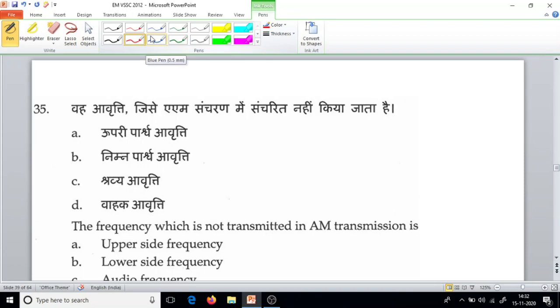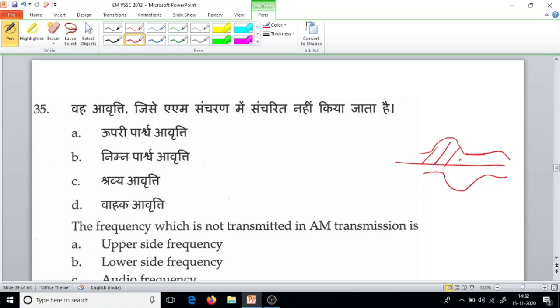Question number 35. In AM modulation, the frequency which is not transmitted in AM transmission is... When you modulate an AM signal, you will get something like this.